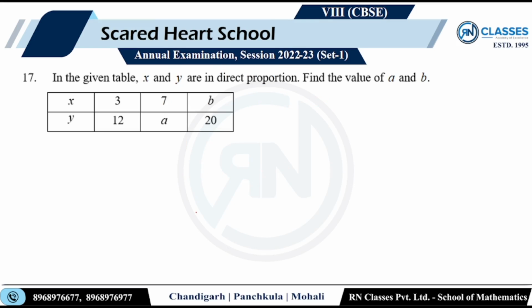Right? Next one. In the given table, x and y are in direct proportion. It is already given. Find the value of a and b, right? So direct proportion means I'm going to use x1 by x2 equal to y1 by y2, right? So this would be 3 by 7, 12.